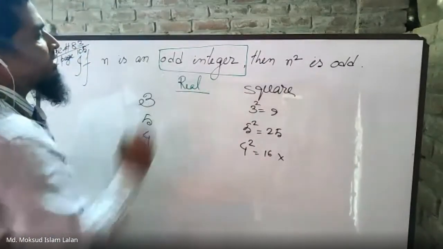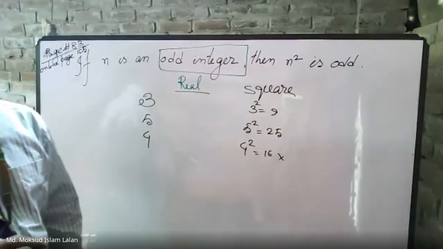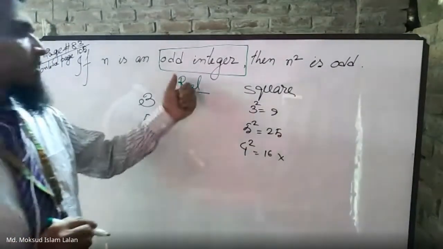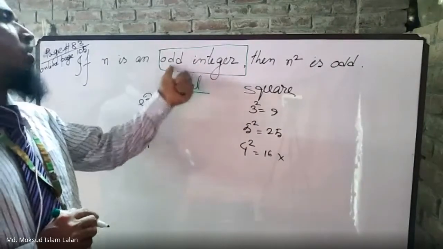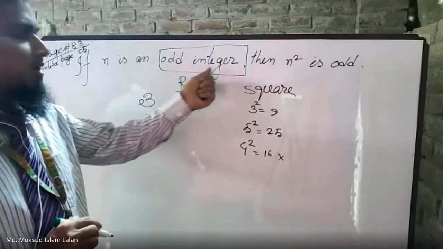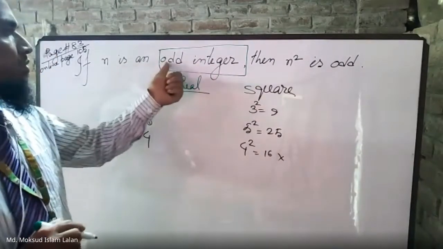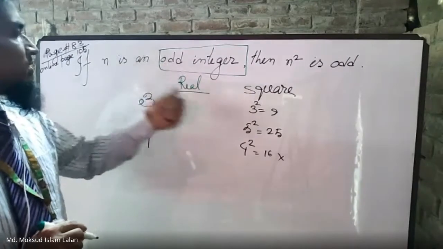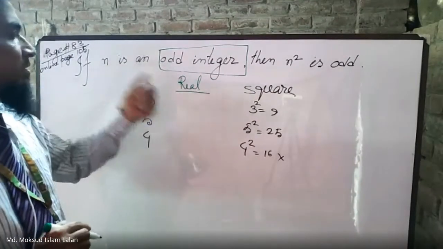It states that it's an integer. What type of integer? Odd integer. It does not mention here that it's a real number.